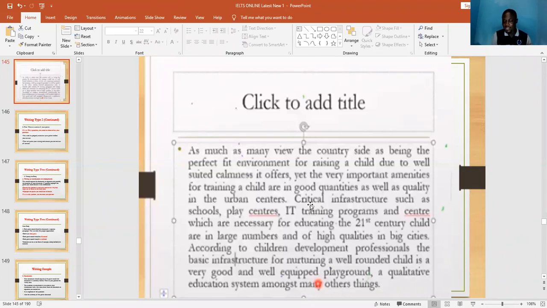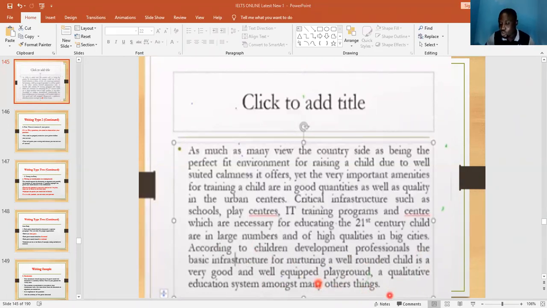Okay, so that was my illustration. Then the last sentence, it says, according to the children development professional, the basic infrastructure for nurturing a well-rounded child is a very good and well-equipped playground, a qualitative educational system, amongst many other things.